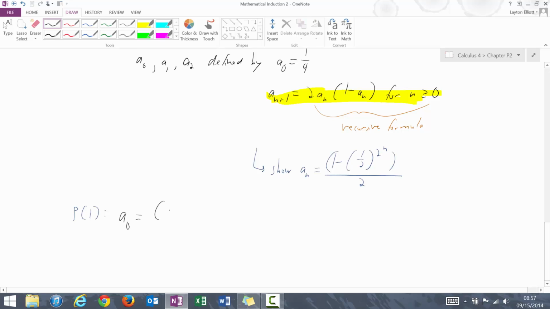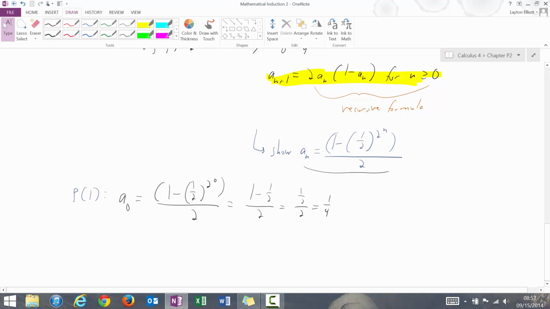I want to show this, so 1 minus 1/2 to the 2 to the 0 over 2, which is 1 minus 1/2 to the 1 over 2, which is 1/2 over 2, or 1/4. So that's p of 1.